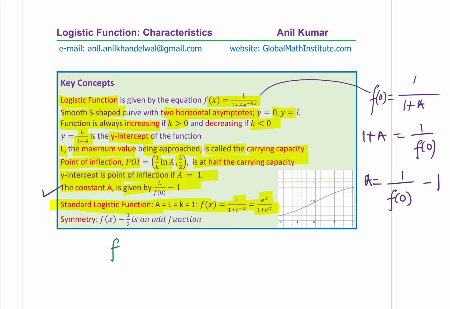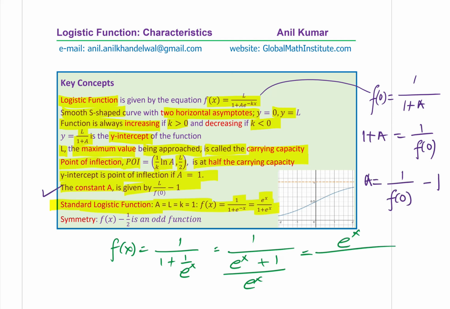So we have f of x equals 1 over 1 plus 1 over e to the power of x. Minus means the same thing. If you take the common denominator, you get e to the power of x over e to the power of x plus 1. So that is what we did. This is called the standard logistic function, right?